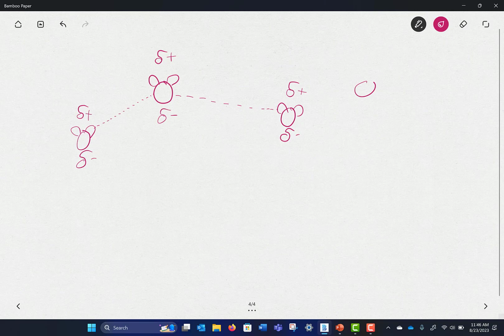And we can draw some more. Now, these bonds between nearby but different molecules that have polar covalent bonds, these bonds are called hydrogen bonds.